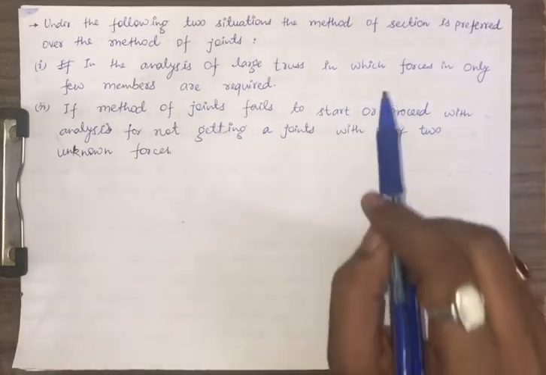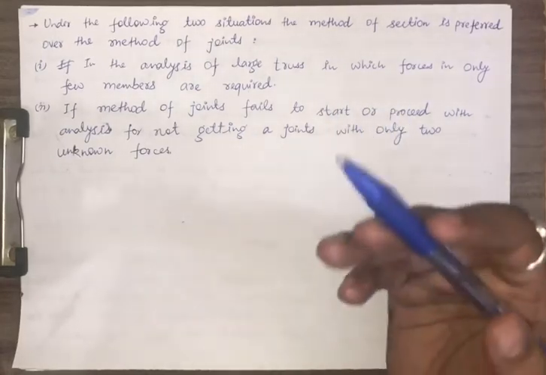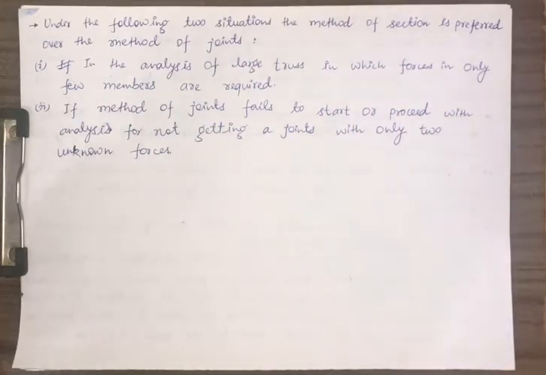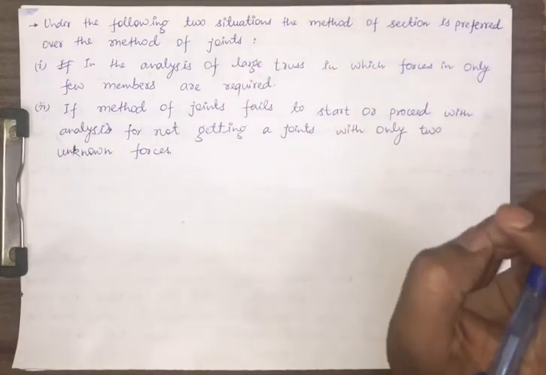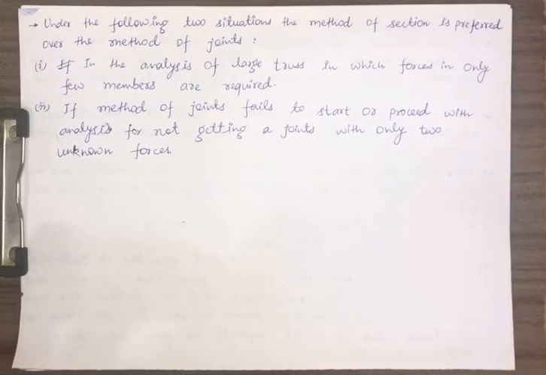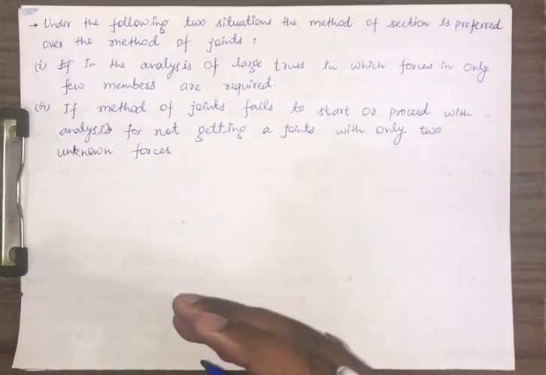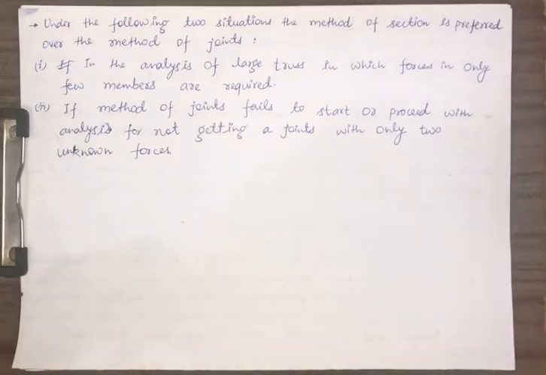What was the condition in the method of joints? We were searching for a joint to start the analysis in which only 2 members with unknown forces should be there. If we are not able to find such a joint, then we have to use this method.